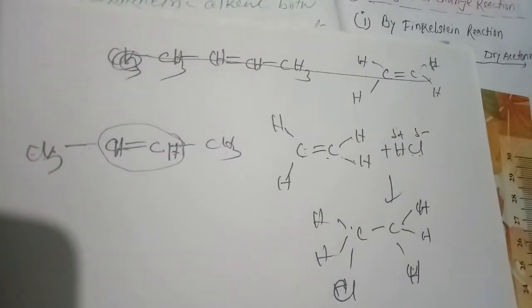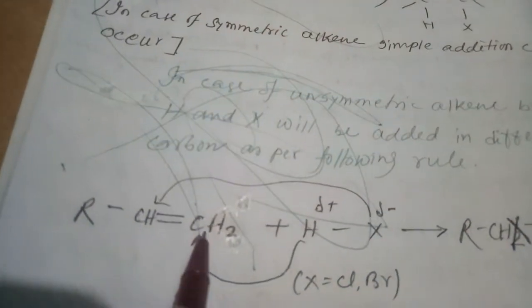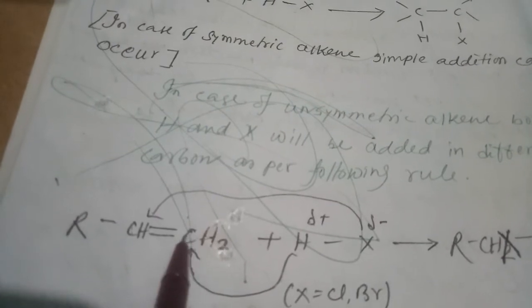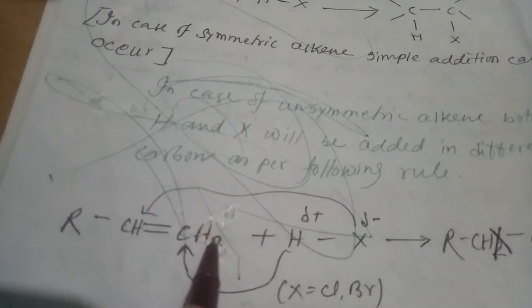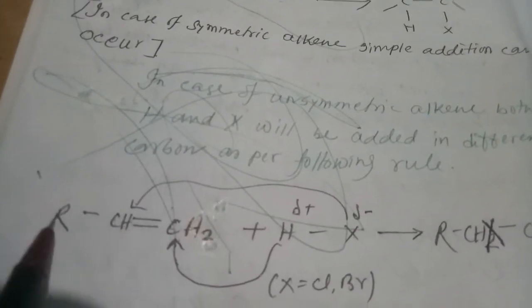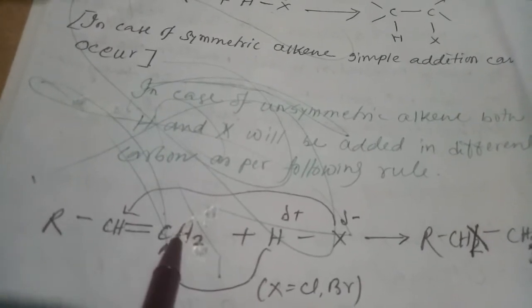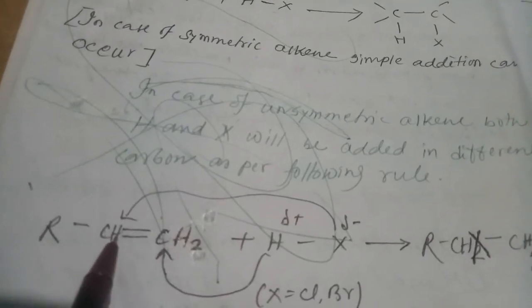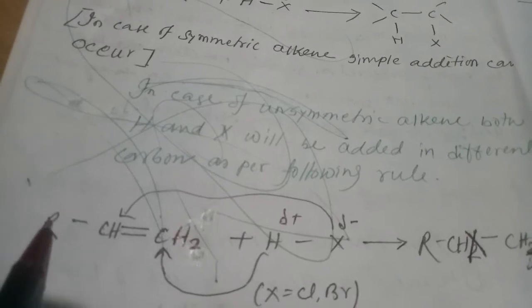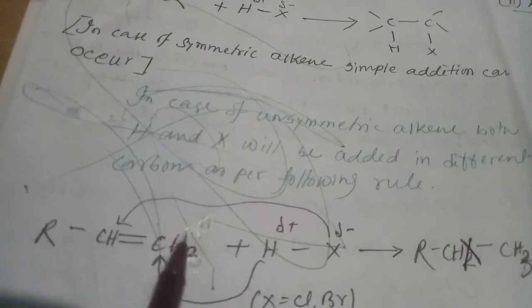But in the case of the unsymmetrical alkene, what is an unsymmetrical alkene? You see this alkene: at this carbon the two hydrogen atoms are here, and at the other carbon there is one hydrogen and one alkyl group. So this is the unsymmetrical alkene.